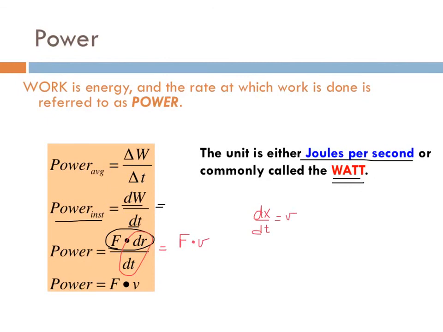So another way to write power is the dot product of force and velocity. Now, this is talking about the dot product, meaning, again, the two things that are involved need to be parallel with each other. So another way to write this exact same equation would be F v cosine theta.